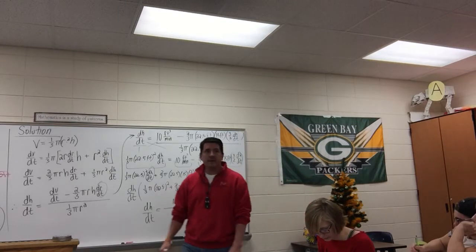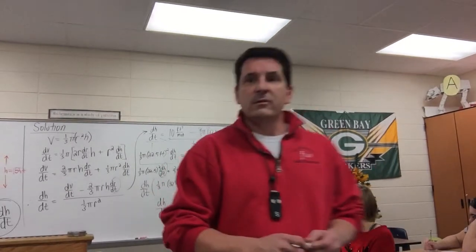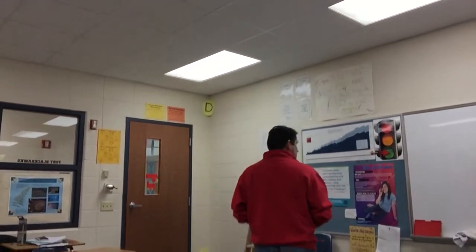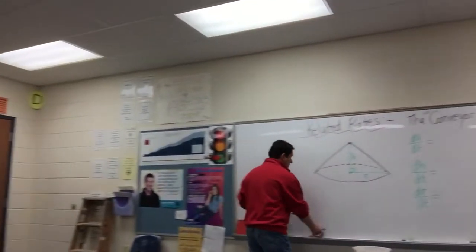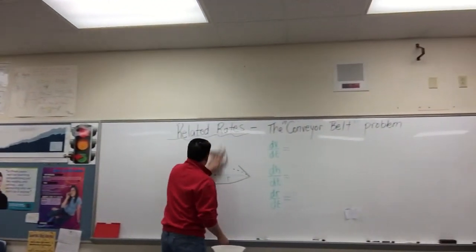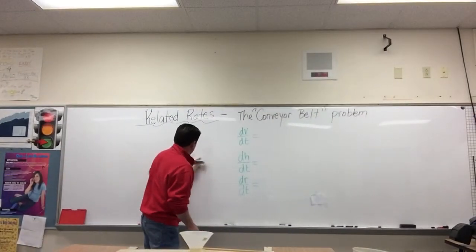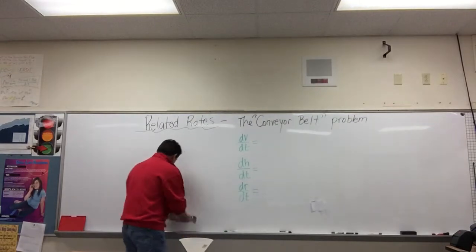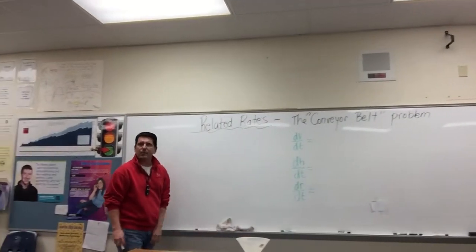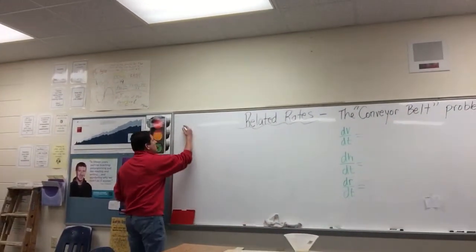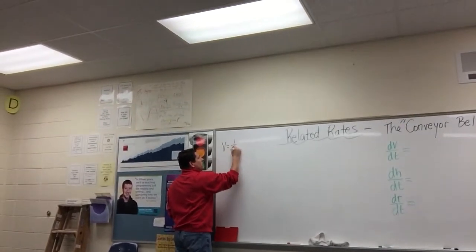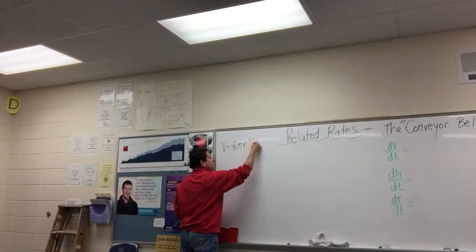I'm going to do it a different way. This one might turn out to be a little bit quicker, but you got to spot it early to make it work. Okay, here we go. Same exact problem. Volume is equal to 1/3 pi r squared h.